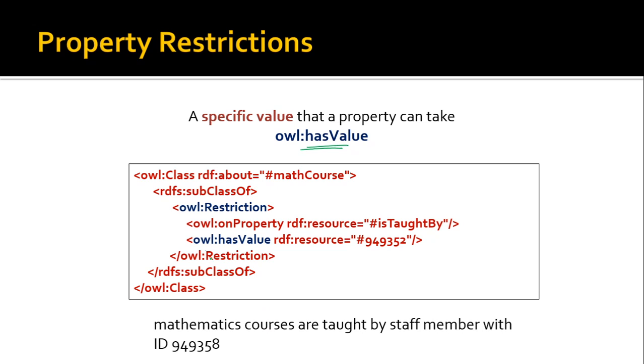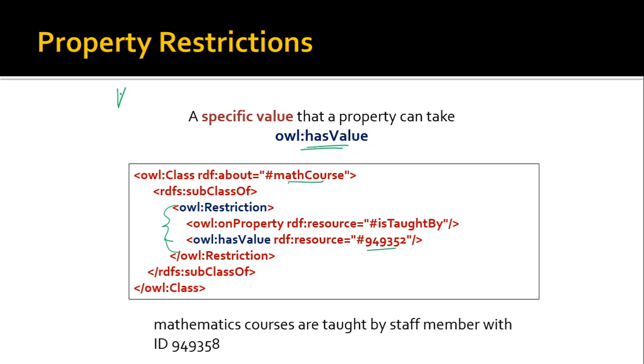So again, this math course is a subclass of another anonymous class, which is a kind of restriction class. And this restriction class is putting a restriction on the property is taught by, and the value should be a concrete value instead of a class, right? So what could be the possible first order logic representation for this?